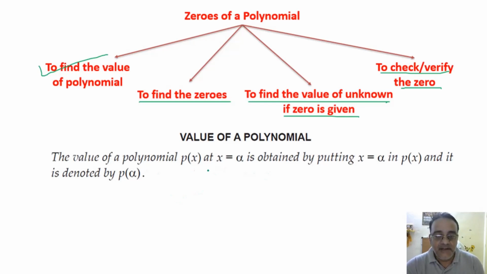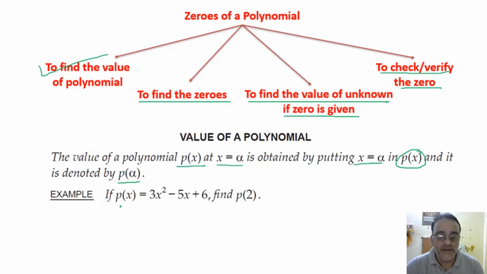For example, p of x is a polynomial and you have to find its value at x equals alpha, or any value. Simply by putting x equals alpha in this polynomial, you will get the value of the polynomial, denoted by p of alpha. Let's see an example. Suppose p of x is equal to 3x square minus 5x plus 6 and we need to find p of 2.